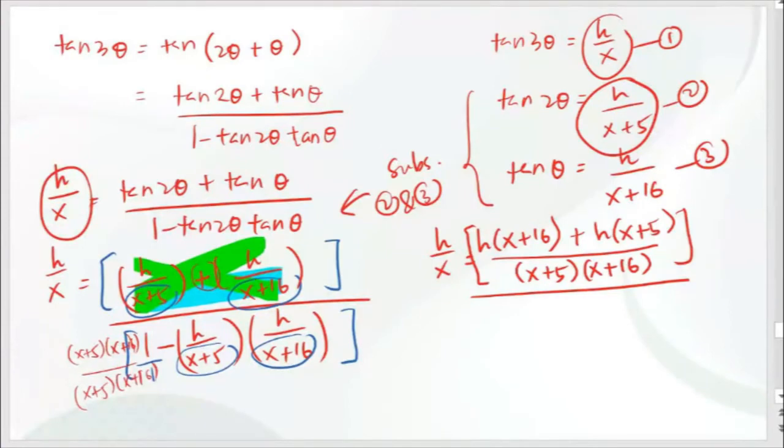Fine, so that when you simplify it will become 1, so you don't influence the equality. So the upper part now becomes X plus 5, X plus 16, then minus H squared over, then the bottom becomes the same, X plus 5, X plus 16.